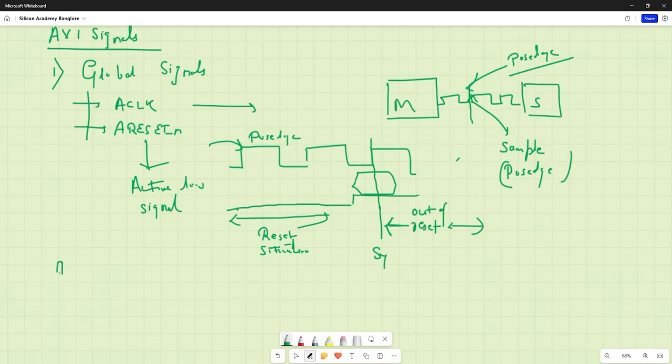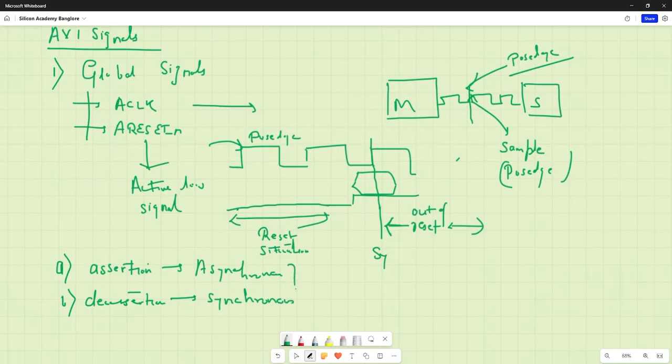First, the assertion of a reset is asynchronous, and second, the deassertion of the reset signal is synchronous.